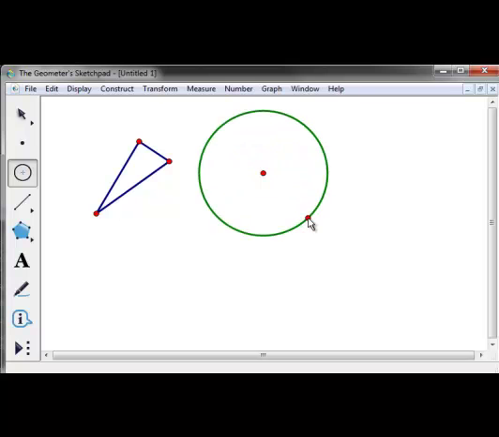They do that by actually having you put segments that are radii of the circle.